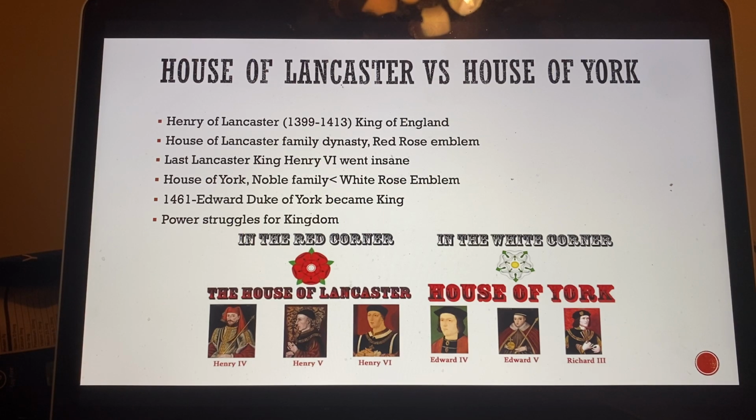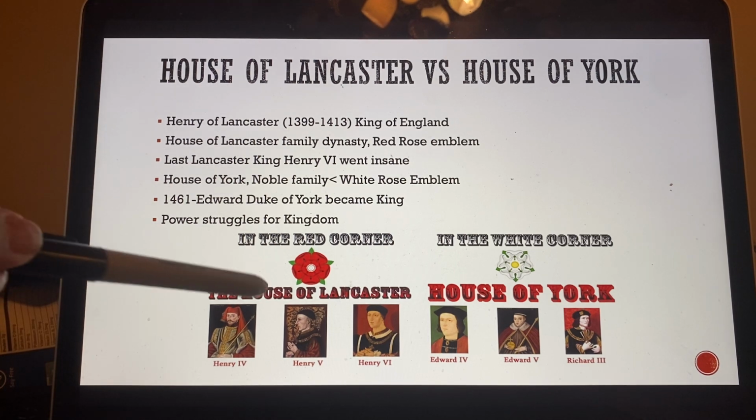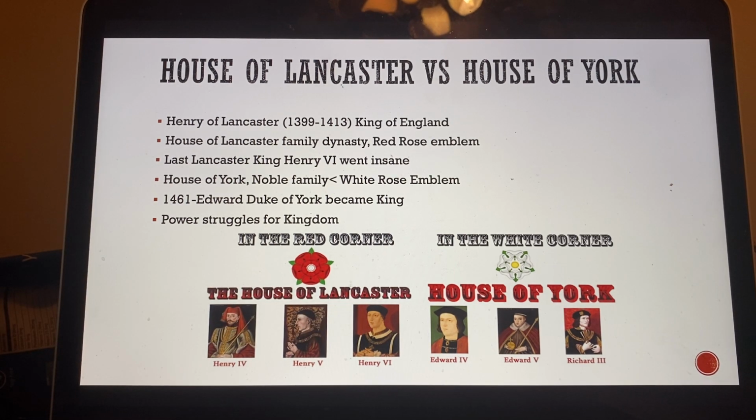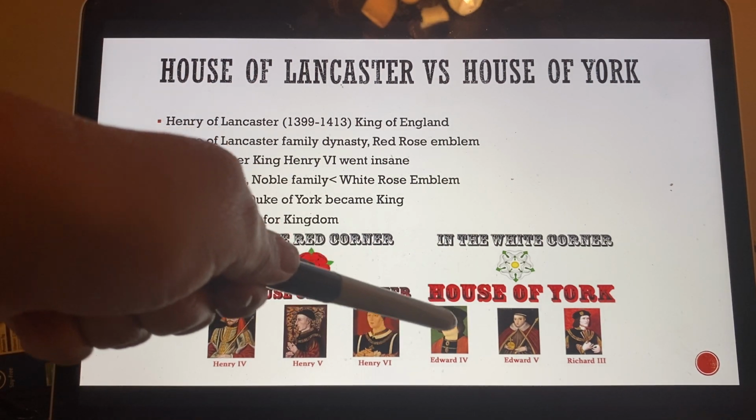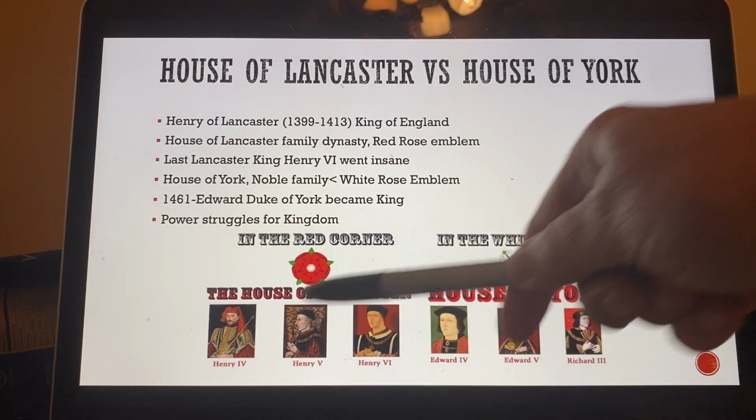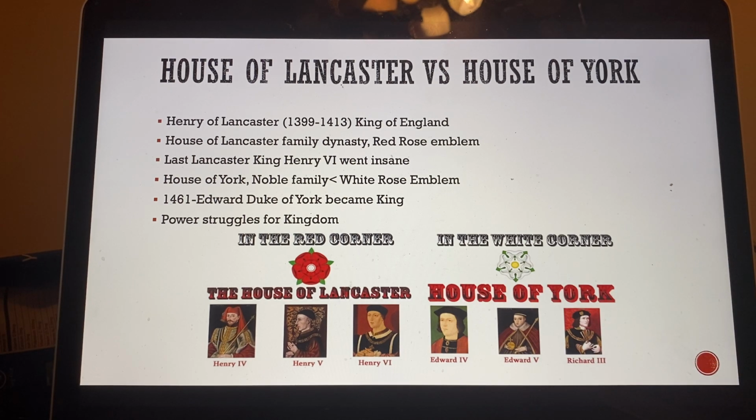The House of York was a noble family, and they were the White Roses. So the White Roses took over and became this noble family under the kings. So now we have the House of Lancaster, Henry VI becoming insane, and the House of York taking over. Edward. So we have the Henrys and the Edwards and Richard.